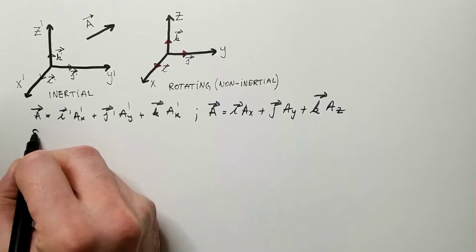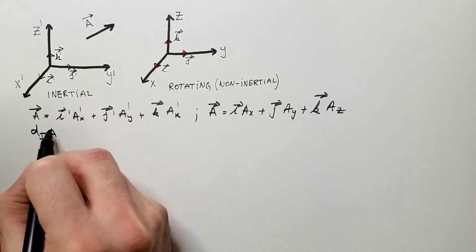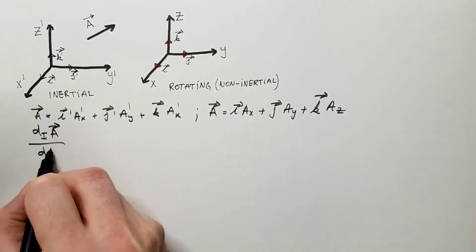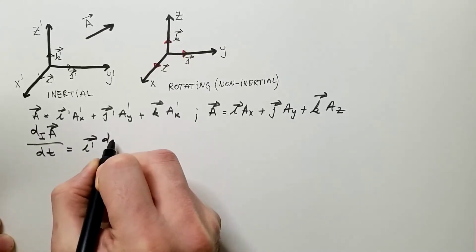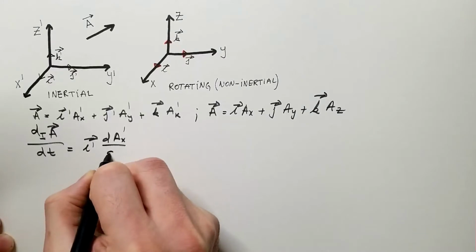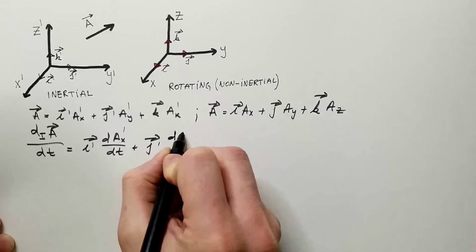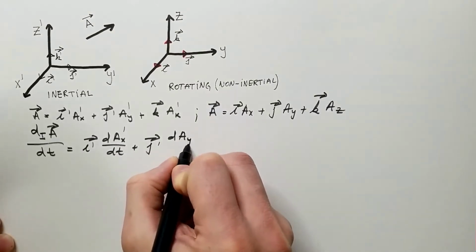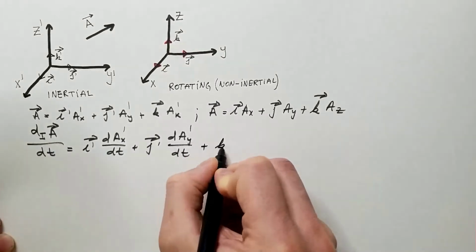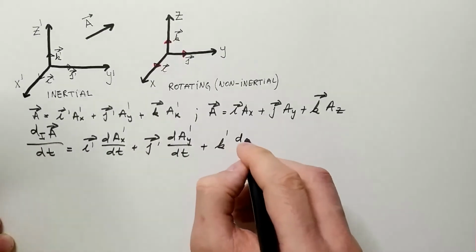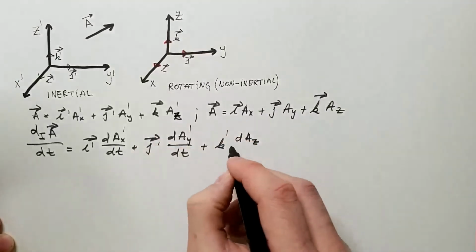That would be d in inertial, I will use this notation for inertial, of A dt is equal to i prime dAx prime dt plus j prime dAy prime dt plus k prime dAz prime dt.